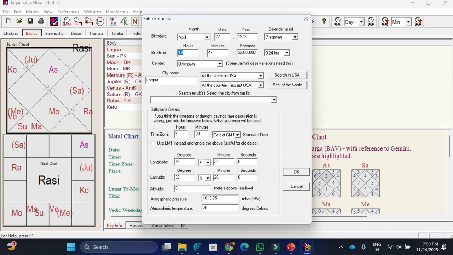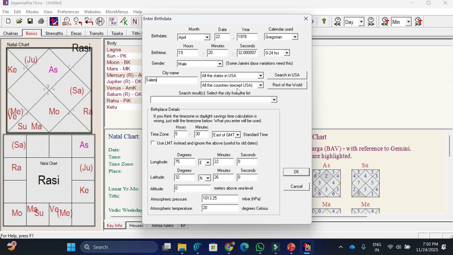Birth time 7:20 evening. Gender male. And city: Salem.